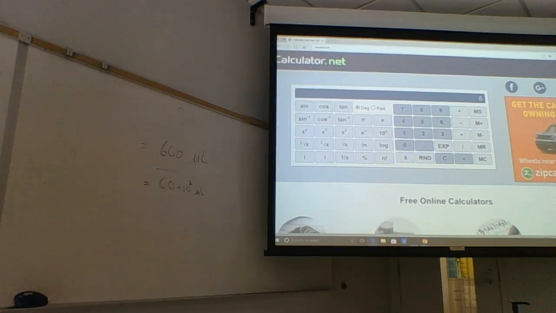This problem is actually good because you can check your answers. So you can get a decent calculator here.